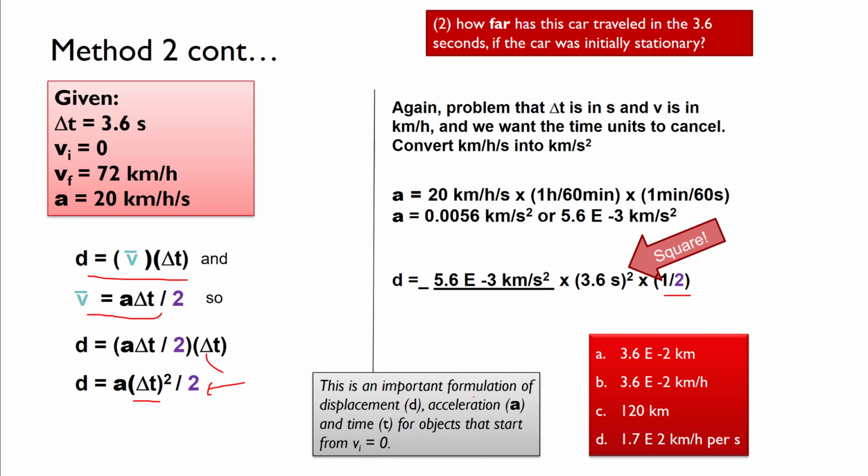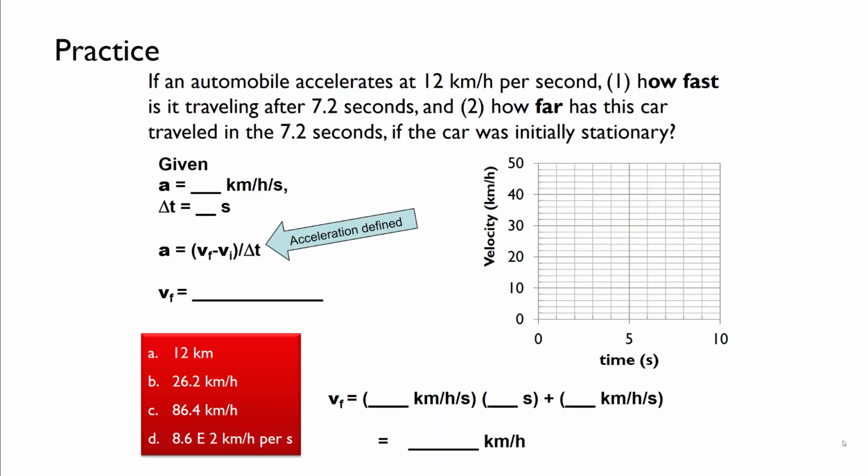But this is an important formulation of displacement, acceleration, and time for objects that start with no initial velocity. So that's why we did it this way. If you'd like to practice and have access to the slide set, or just want to use what's on the screen here, I've set up a practice problem where you can go through steps 1 and 2 using both methods to see what's happening, or you can just do it graphically for step 1 as well, because I showed you that.